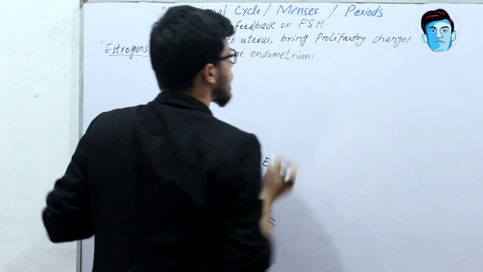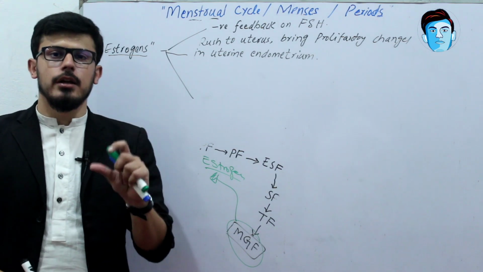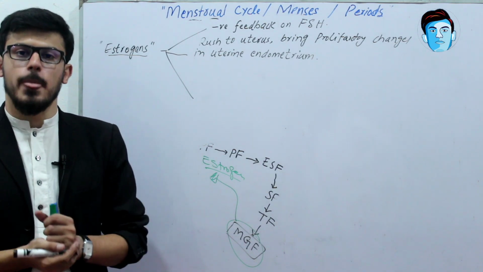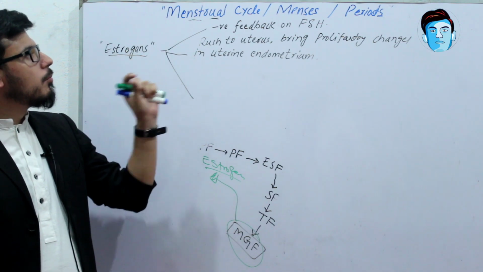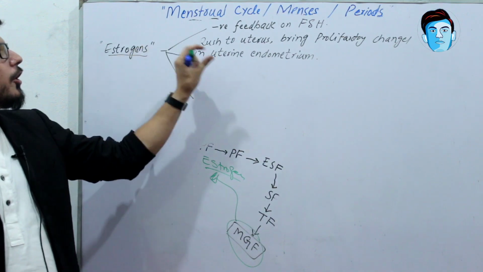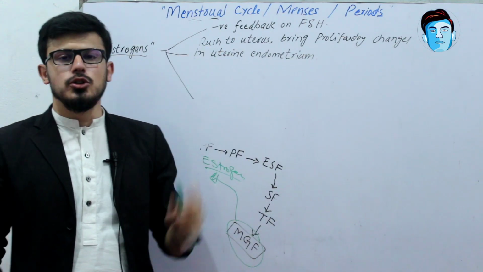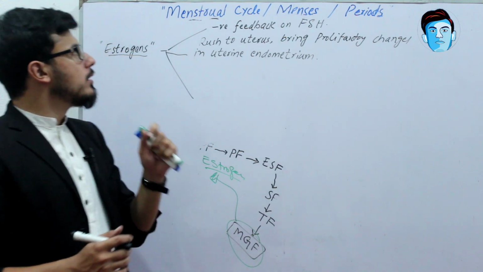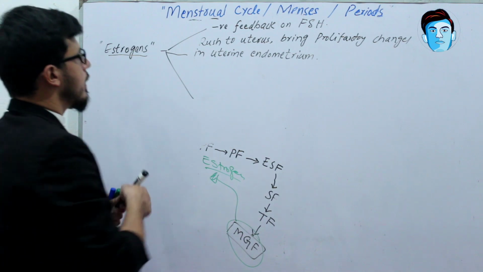As we discussed earlier, it is actually the ovarian events which determine the uterine events. We can correlate that with this point: this estrogen rushes to the uterus and brings proliferatory changes in the uterine endometrium.